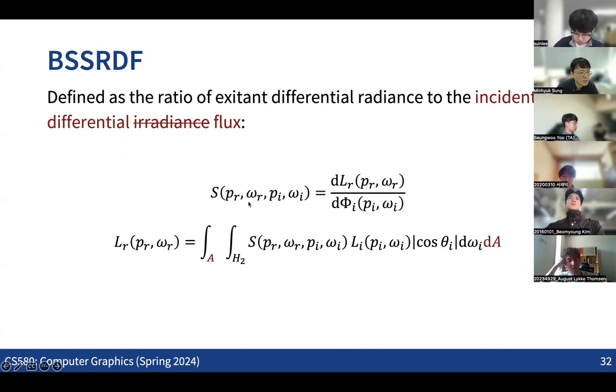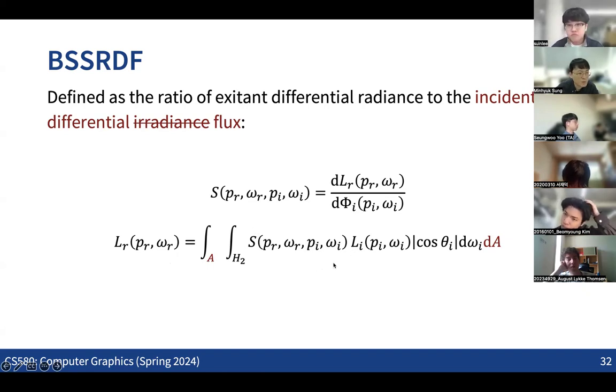So now we are taking 8 parameters: the incoming position and direction, and also the outgoing position and direction. The final radiance for each specific position and outgoing direction is computed by taking the integral over the solid angles and also the area. So this is the basic formulation.